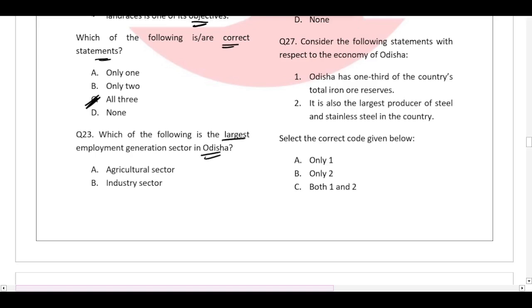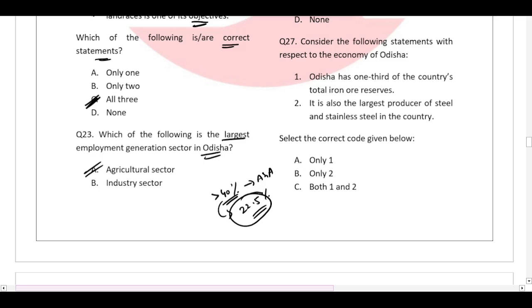You should be able to answer this question without even thinking because we already discussed it twice. More than 40% of the people of Odisha are employed in agriculture and allied sectors, and agriculture and allied sectors contribute almost 22.5 percent to the gross state value added of Odisha. So which is the largest employment generating sector in Odisha? It is obviously the agriculture sector.